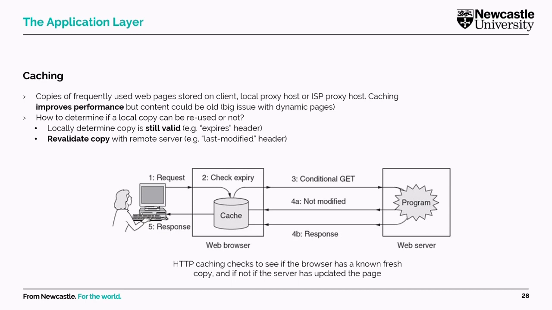That can be done using the expires field in the header, though that's not always the case. There can be some mathematical computation done to determine whether it's time to re-update your cache or not. And sometimes the user can also force this updating of the cache manually by refreshing the page or asking it to revalidate the copy with a remote server.